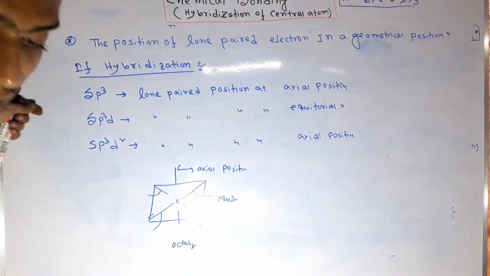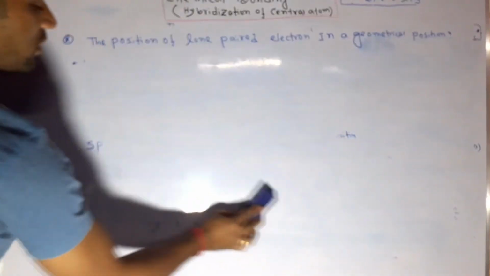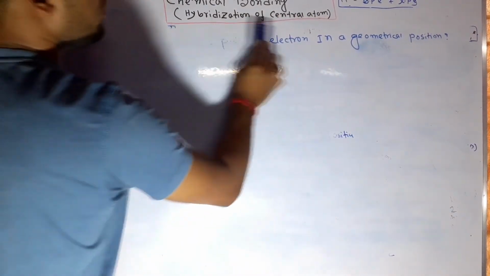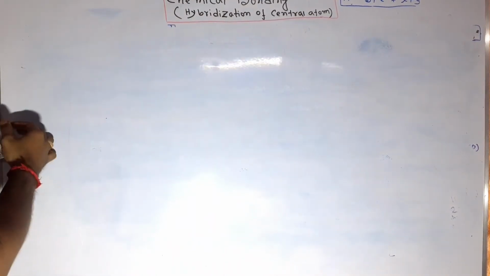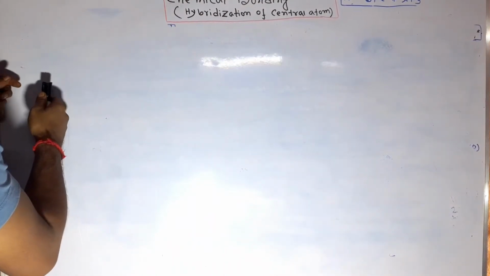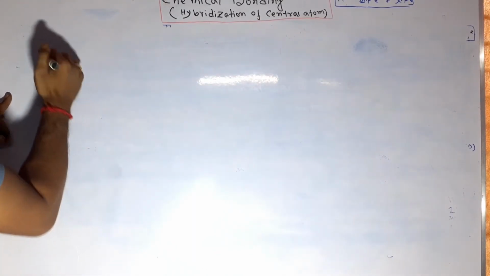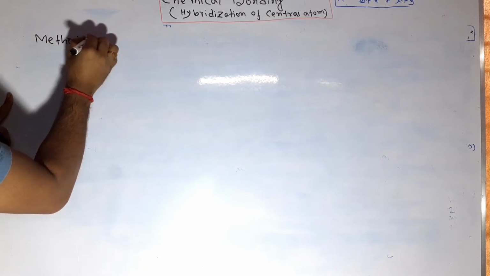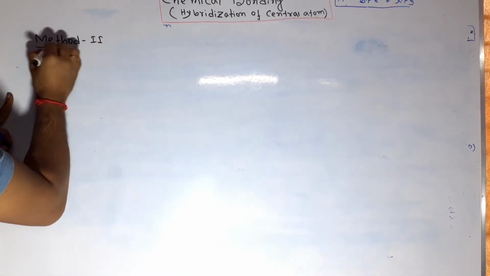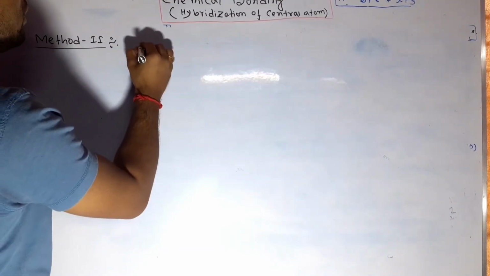For a particular example, the next method for determining hybridization is the short trick, method number 2. Suppose the example given is NH4+.